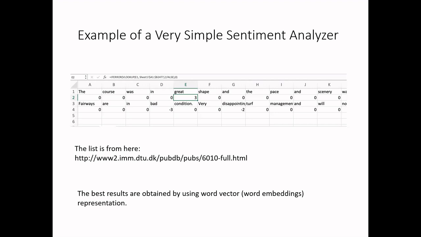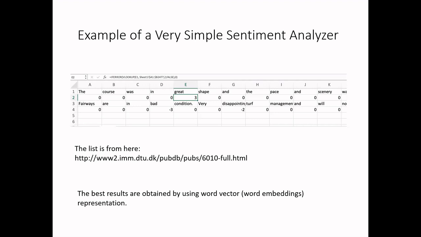So it is doing what we saw earlier, tokenization, putting every word in a different cell. Once you have words in different cells, you can check whether the words from your list are there or not, give them the corresponding weights and do the job.